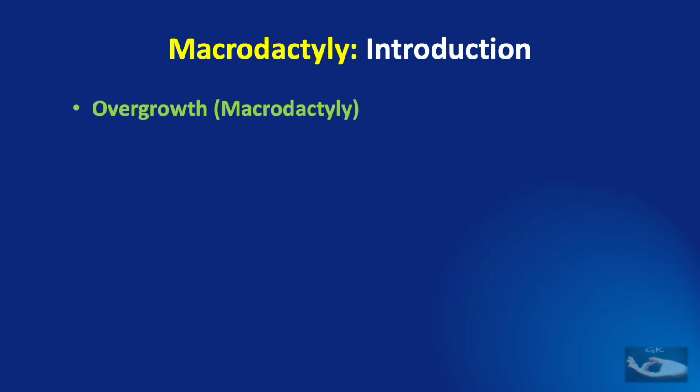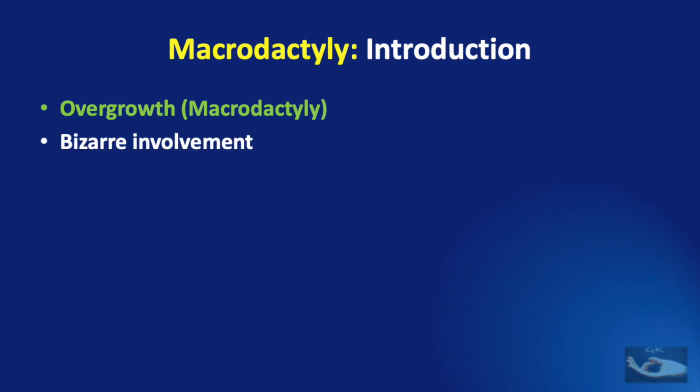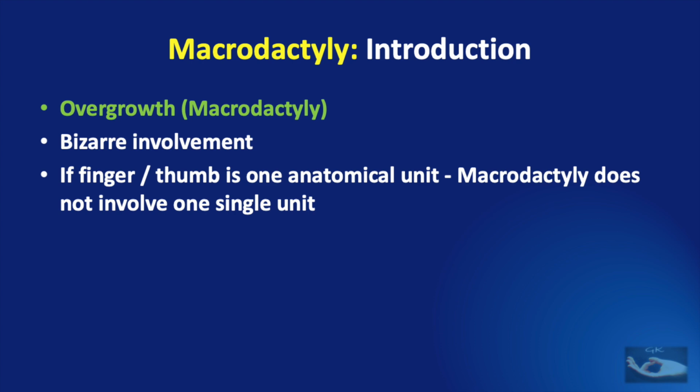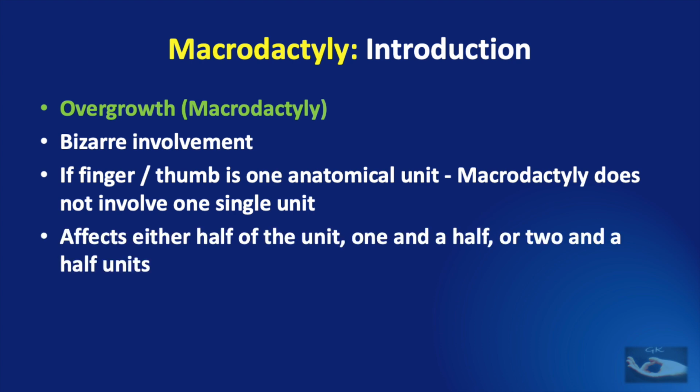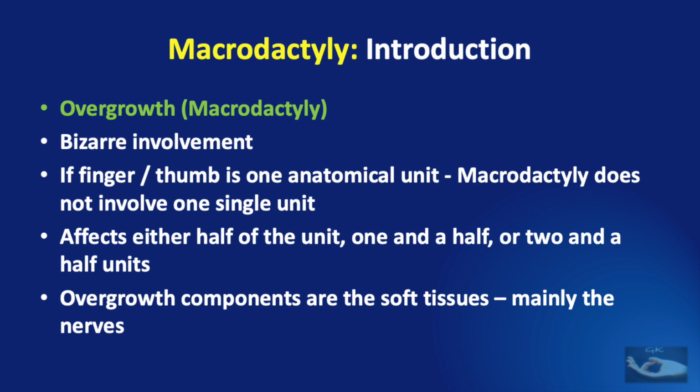But when we consider overgrowth or macrodactyly, there is bizarre involvement, and if the finger or thumb is considered one anatomical unit, macrodactyly does not involve one single unit. It can affect either half the unit, 1.5 or 2.5 units. The overgrowth components are mainly the soft tissues, especially the nerves.